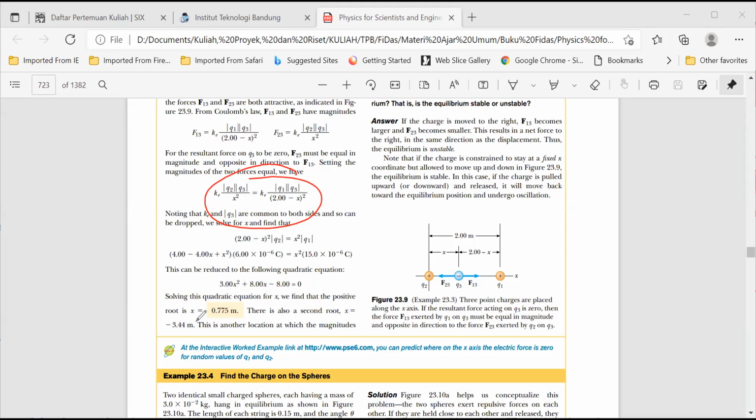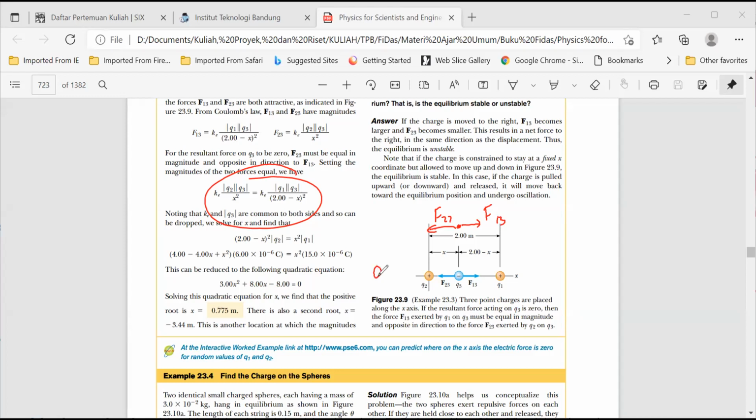If you take this one here, we have this one and this one, as shown in this figure, F13. What about this one?